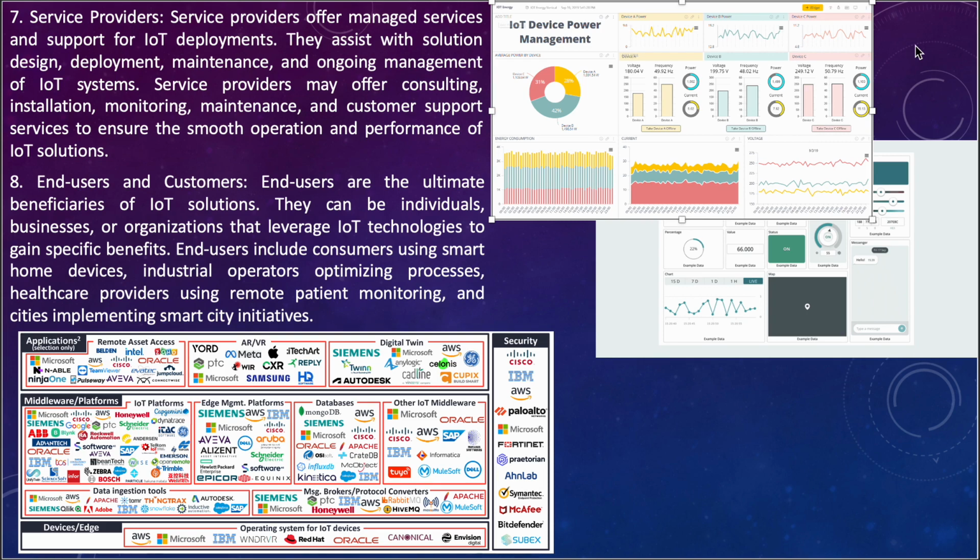We talked about these things about end users, so I'm not going to repeat again and again, but you can see how these end users would see the data at the end. Not every IoT control panel looks like this, but this is an example that I provide.